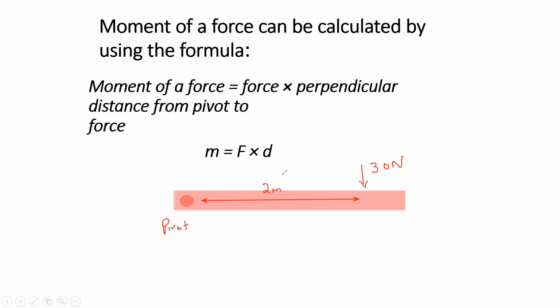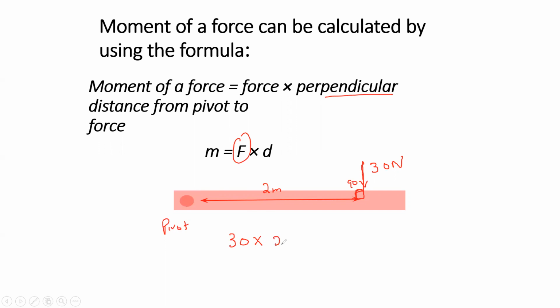So how do we calculate the moment? The formula to calculate the moment is the product of force and distance. What force do we apply on the object? In this example, we apply a force of 30 multiplied by the perpendicular distance from the pivot, the 90-degree distance. You can see this is the perpendicular distance from force to the pivot, that is 2 meters.